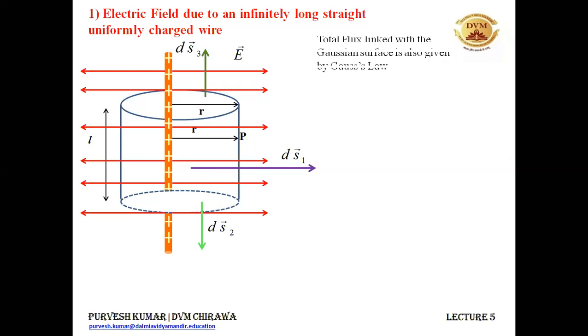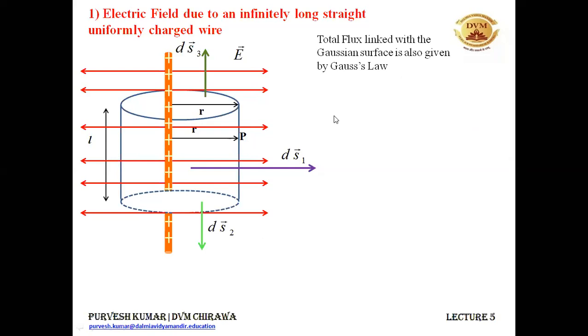Now, the total flux linked through the Gaussian surface can also be calculated by using Gauss's law. And Gauss's law says that the flux linked with the surface is equal to the total charge enclosed by the surface divided by epsilon naught. So we need to find out the total charge enclosed by this Gaussian surface, and if we are able to calculate that total charge, we divide it by epsilon naught.